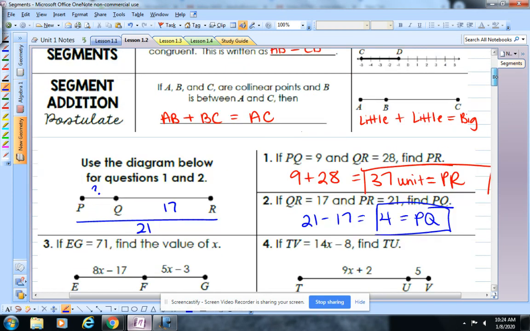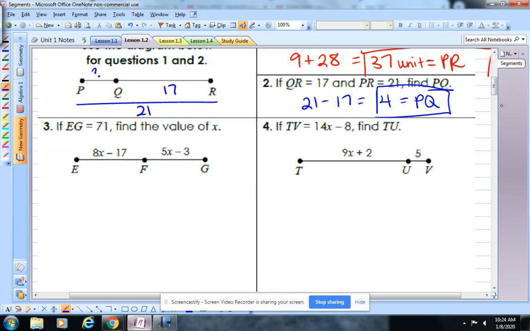Now we're going to do some a little bit more complicated things. So number 3, it tells us the length of EG equals 71. Now what is EG? The whole thing, right? Find the value of X. So we're finding X, so I don't know exactly the length of the two smaller segments. I don't know this length and I don't know this length.